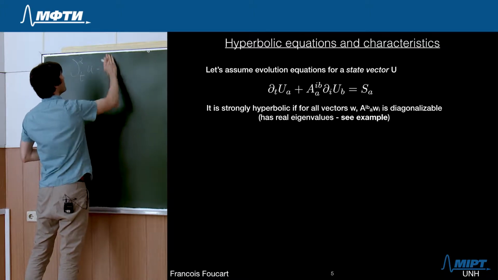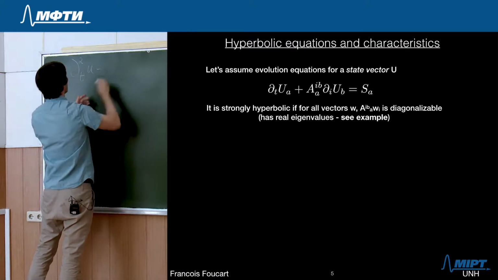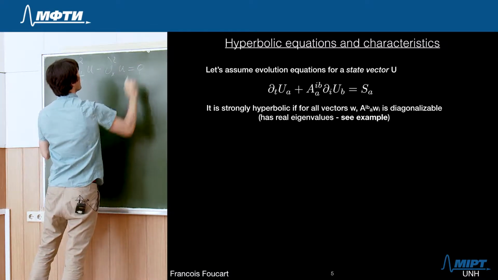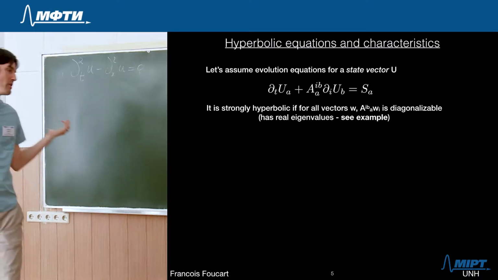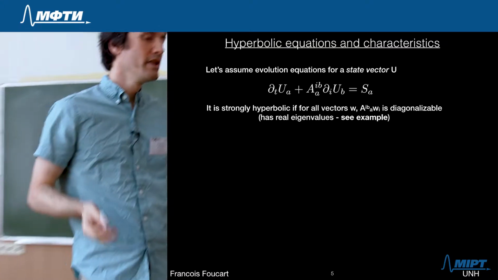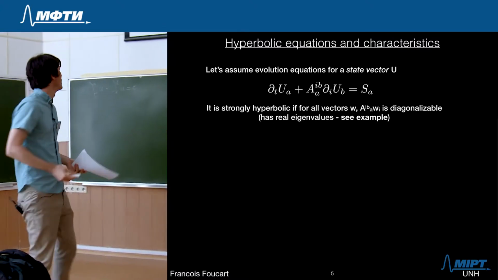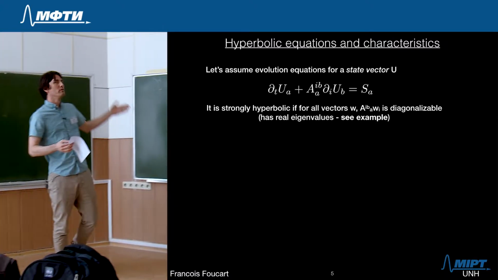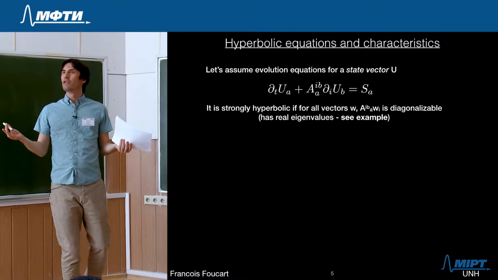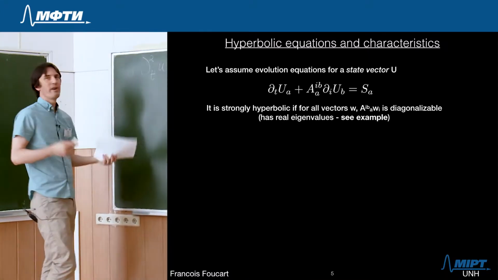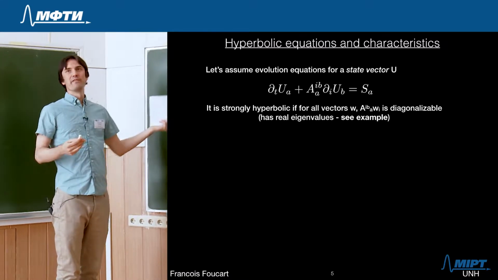I'm going to look at the wave equation, which, like Einstein's equations of general relativity, is a second order equation in both time and space. Now, if I wanted to change that into a first order equation, the first thing that I would need to do is define new variables that are the derivatives of u.